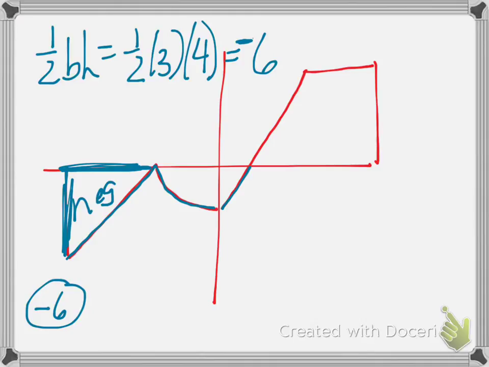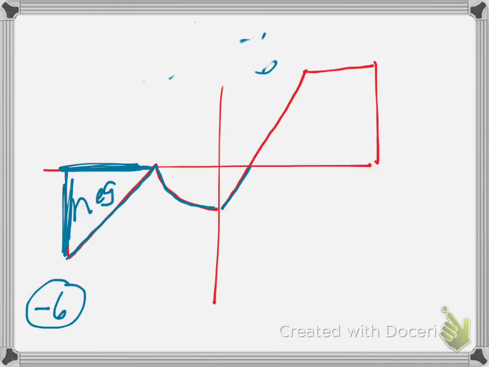All right, now let's erase this. I'll get another color. Now we need the area from here to here, because this is exactly 1/4 of a circle. So it's going to be pi r squared, because it's the area of a circle, but divided by 4, because it's just 1/4.